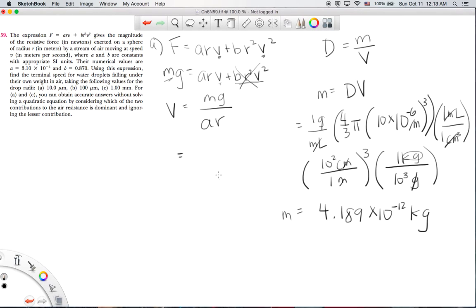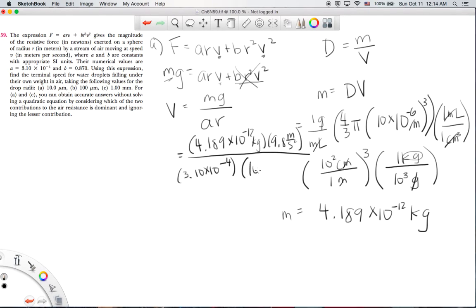You just plug in the numbers: the mass is 4.189 times 10 to the negative 12 kilograms times 9.8 meters per second squared, divided by A, which is given in the problem as 3.10 times 10 to the negative 4, and then divided by the radius, which is 10 times 10 to the negative 6 meters, because that is 10 micrometers.